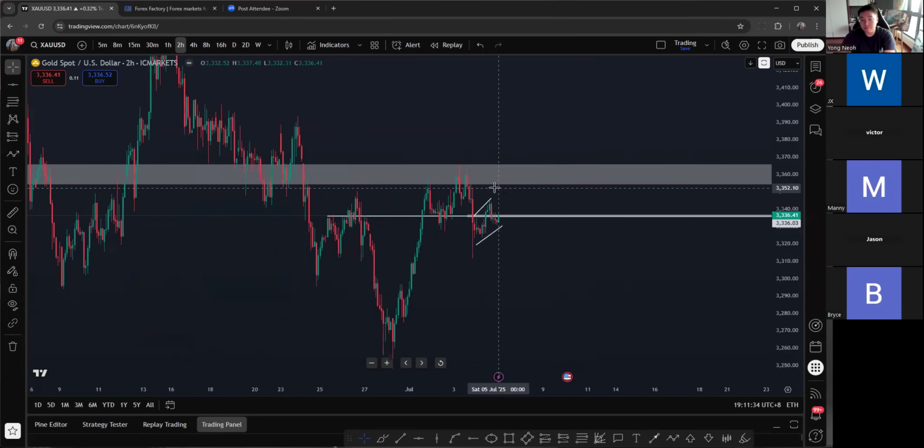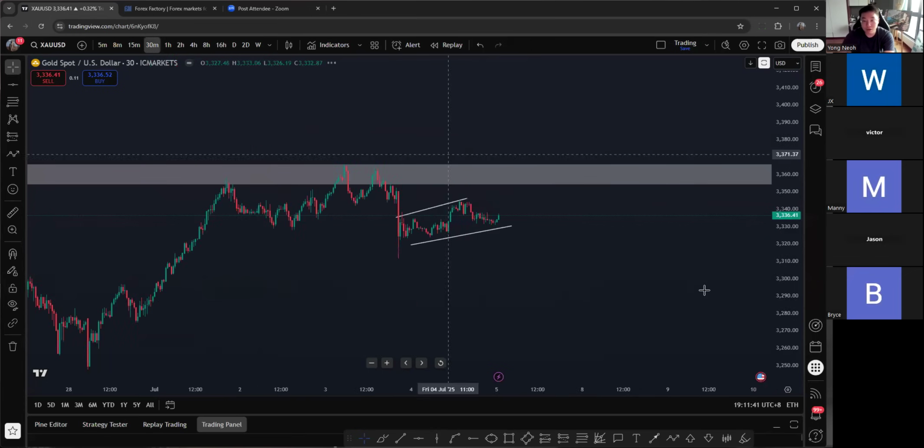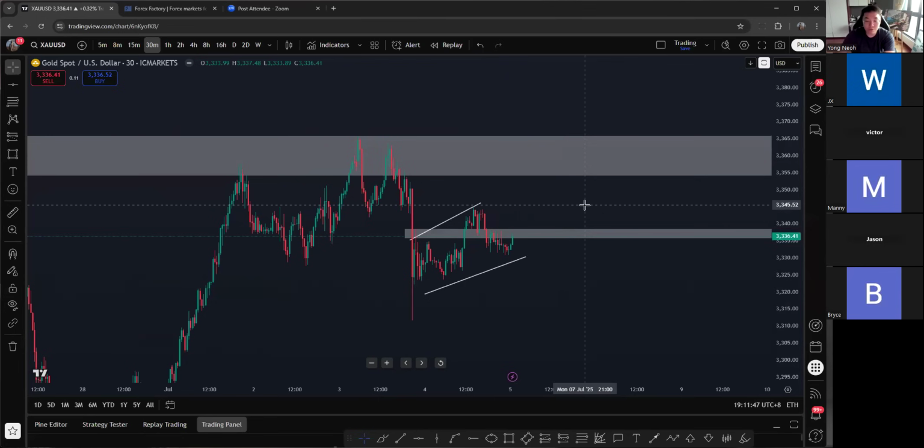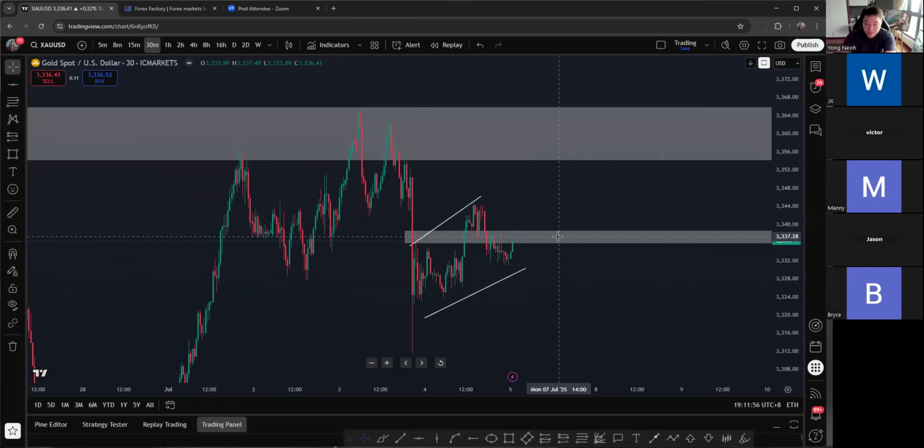So right now, if price is still rejecting the high, it's also offering us a short entry, personal opinion. And I'm watching this consolidation on gold as a potential short as well. Also, another possible TPF. But price is right at my ideal POI level, which is 3336.